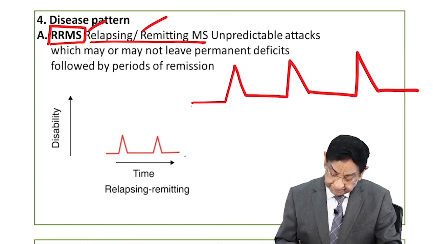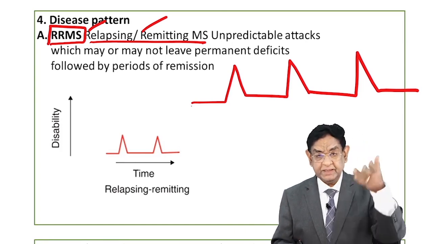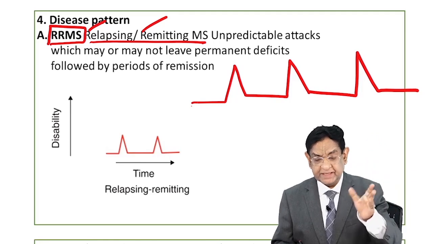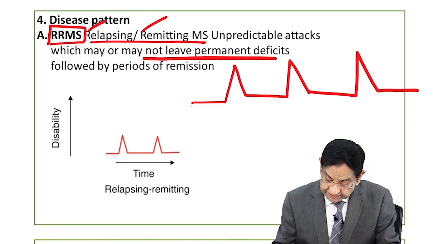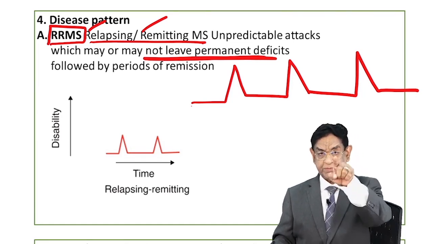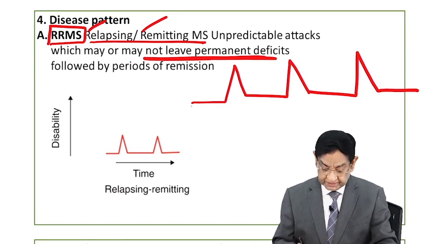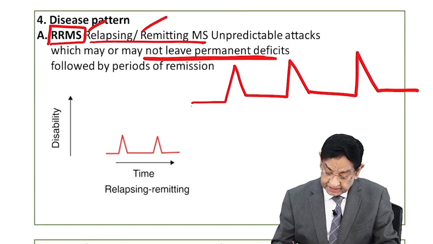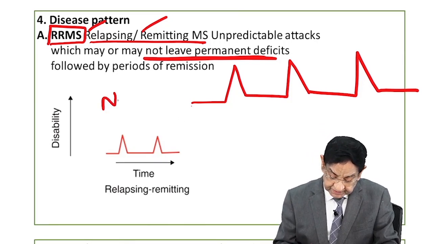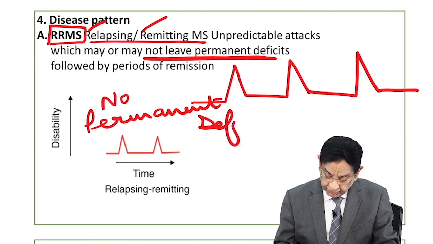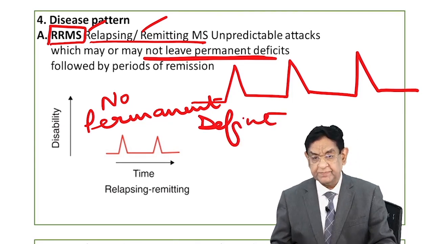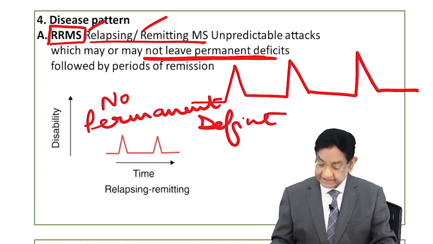The patient has a problem, but when the disease disappears, he becomes perfectly normal, no permanent deficit. Point to be noted: this is relapse remitting, no permanent deficit. Once the disease phase is gone, the patient becomes all right, and that's what we wanted.